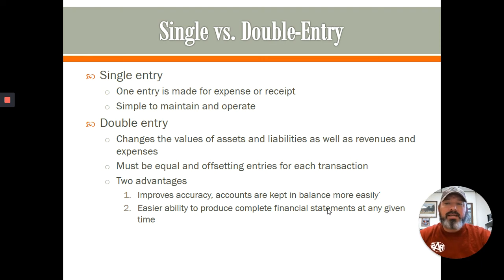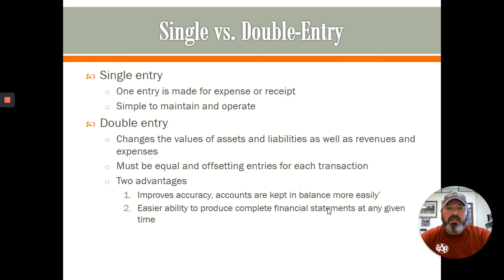This slide talks about a single entry versus double entry accounting system. Single entry is very simple, and I would expect that many producers out there prefer this method of accounting on their home operations because it's much, much easier to use. One entry is made for an expense or receipt, very simple.